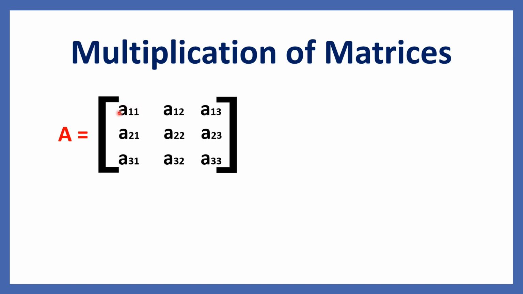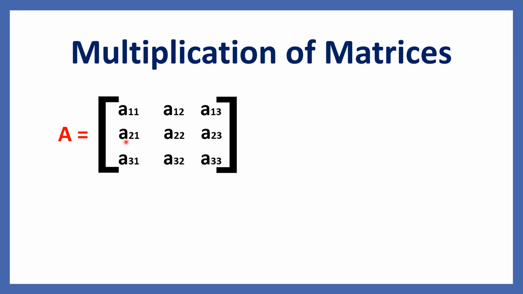That is, the position of the element indicates the element name here. A11 means the element in the first row, first column. A21 means second row, first column. A31 means third row, first column. So, each element is indicated by the position in which that element lies inside the matrix.